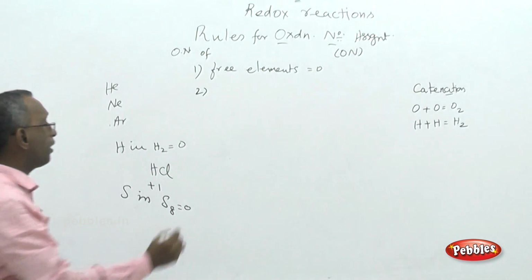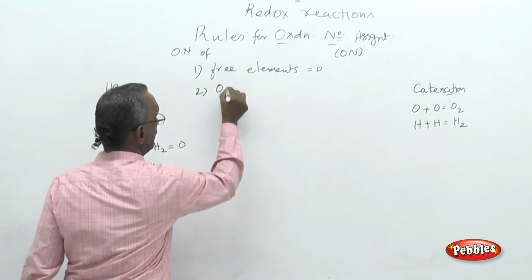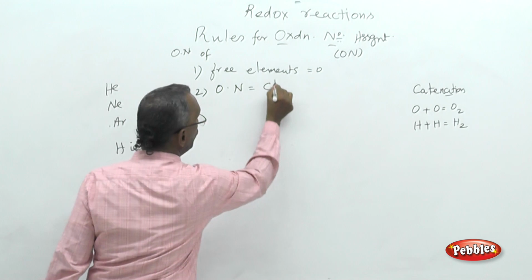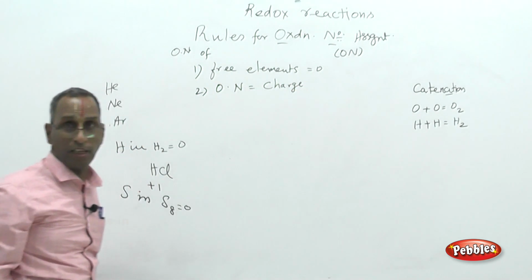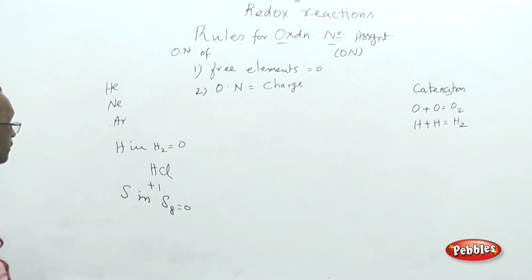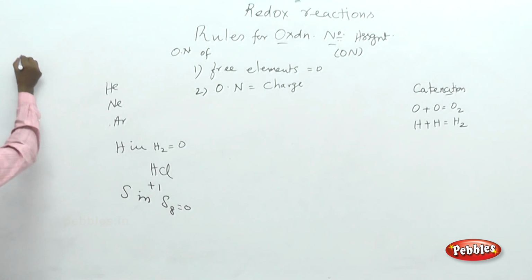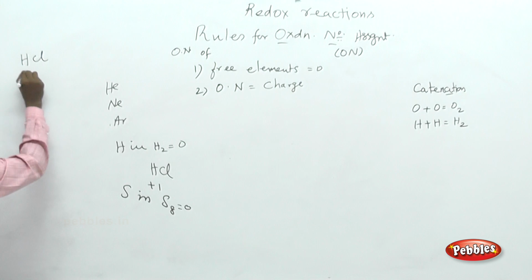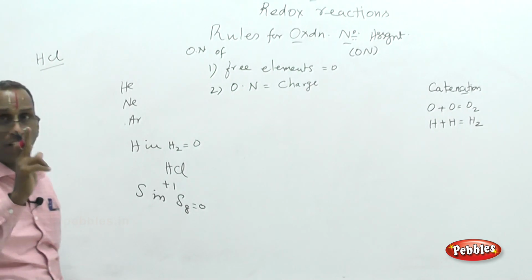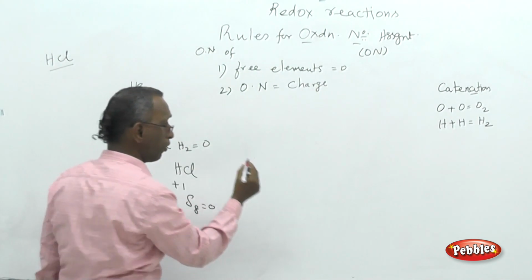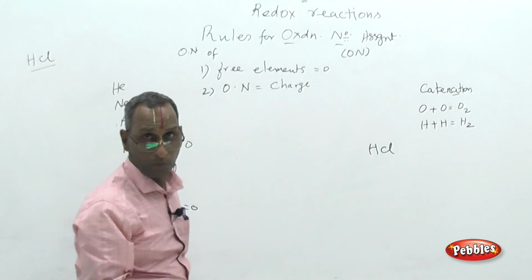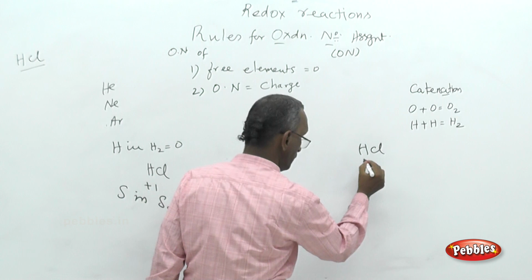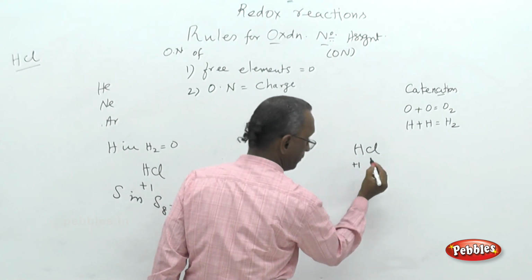Second rule: oxidation number is generally the charge on the particular species. Oxidation number is the charge on the species, as we have just seen. We can illustrate with the same compound. What is the oxidation state of hydrogen in hydrogen chloride, and of chlorine in hydrogen chloride? Hydrogen is taken as +1.